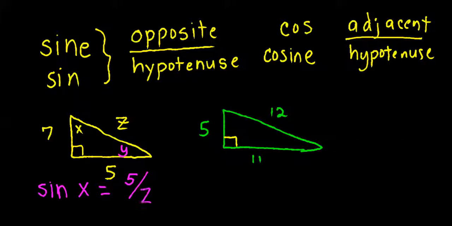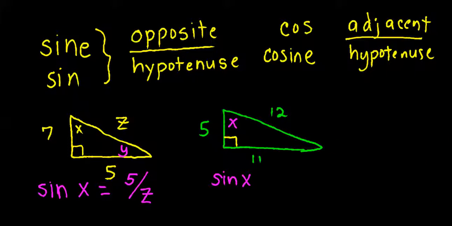All right? That's going to be a different ratio than I would get if I asked for the sine of y. So any right triangle is going to have a different sine for a different angle. Let's take a look over here at the green triangle. I need to have an angle identified here. I'm going to go with this one up here in the upper left-hand corner. So the sine of x is the opposite.